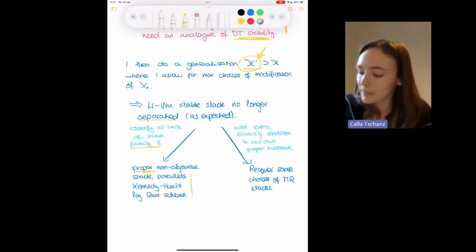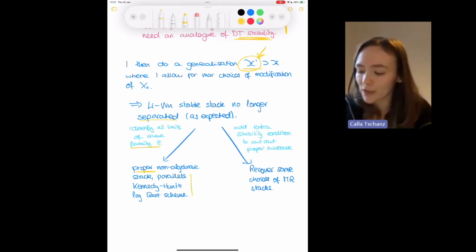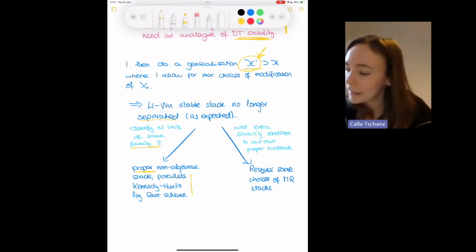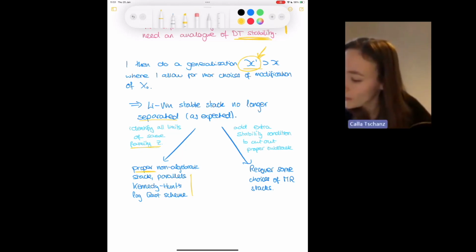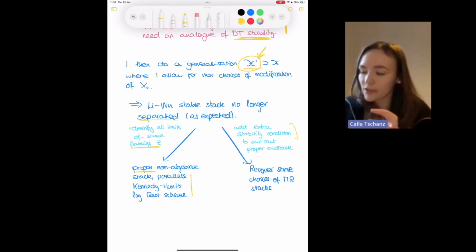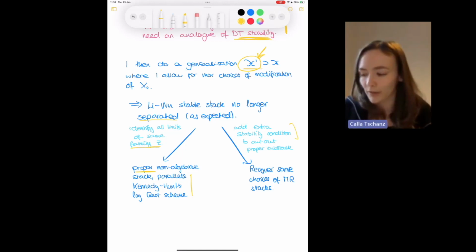Okay, so this is one solution, but maybe you still want to have algebraic stacks. Maybe non-algebraic is a step too far. So in that case, what you do is more similar to the Maulik-Ranganathan solution, where we add some extra stability condition. This stability condition is the analog of the Donaldson-Thomas stability condition in Maulik-Ranganathan.